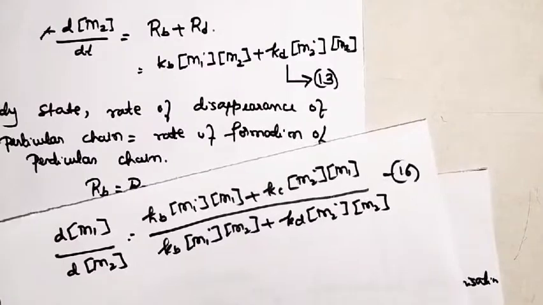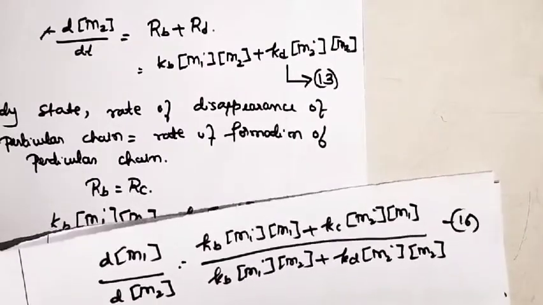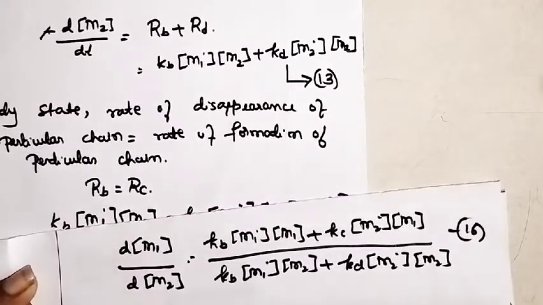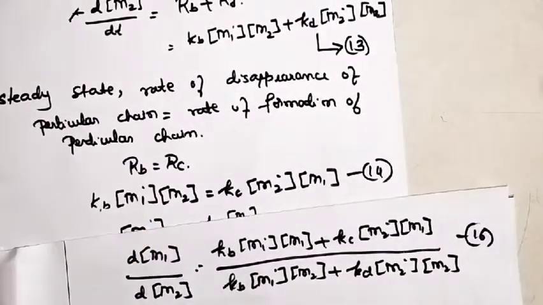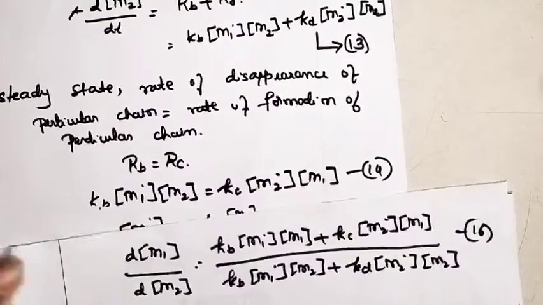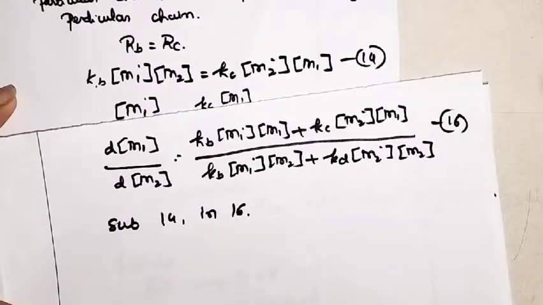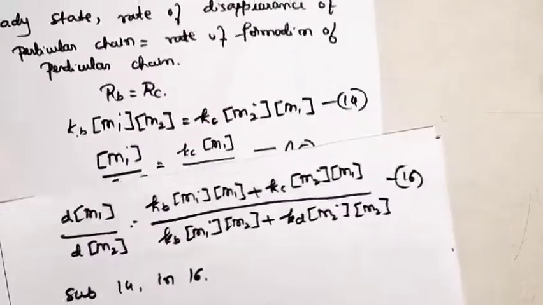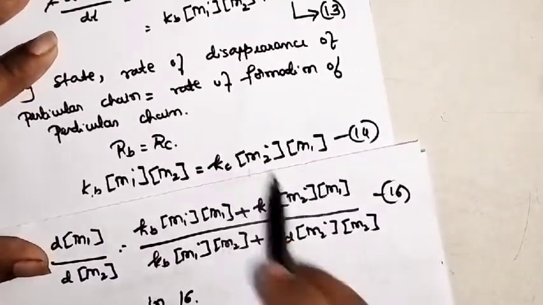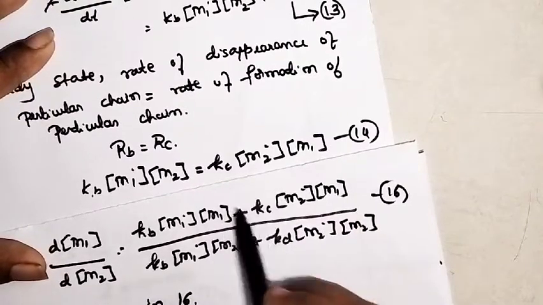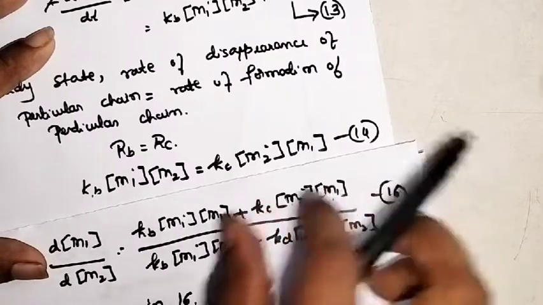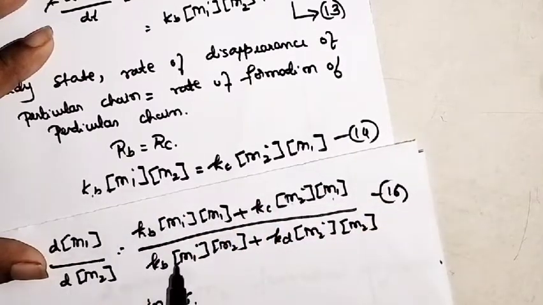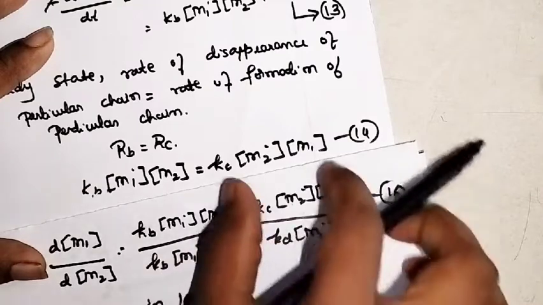Now substitute 14 in equation number 16. See what is there in equation number 14. Substitute 14 in 16. So where do you need to substitute? This is 14, this is 16. In the numerator you have Kc, M2 free radical, M1, so in this place I am writing this, and in the denominator, in this place I am writing this.